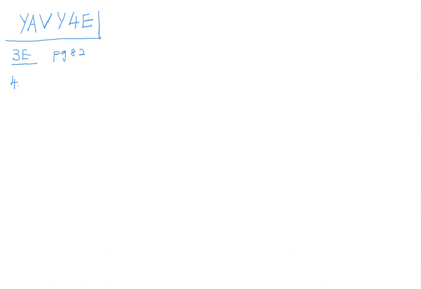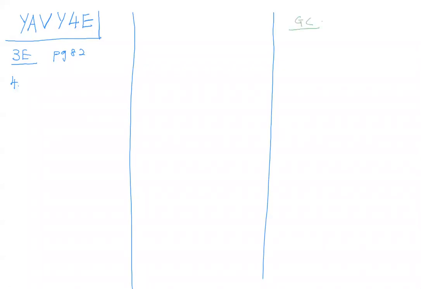So by the help of your graphic calculator, first of all, you key in the function into your graphic calculator. Every time when you do an application question, what you need to do is use your GC. So let your GC help you. That is what you're supposed to do with your GC.